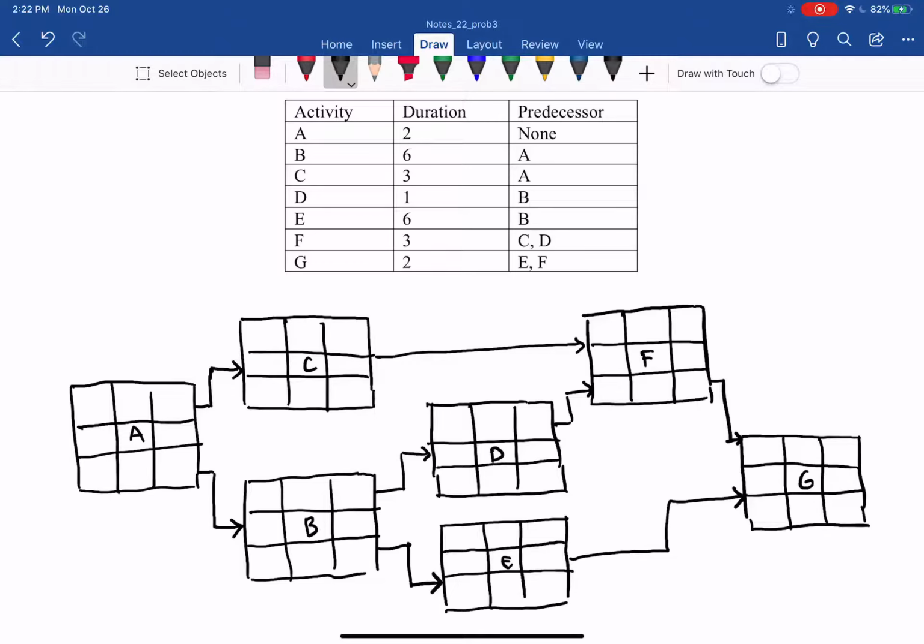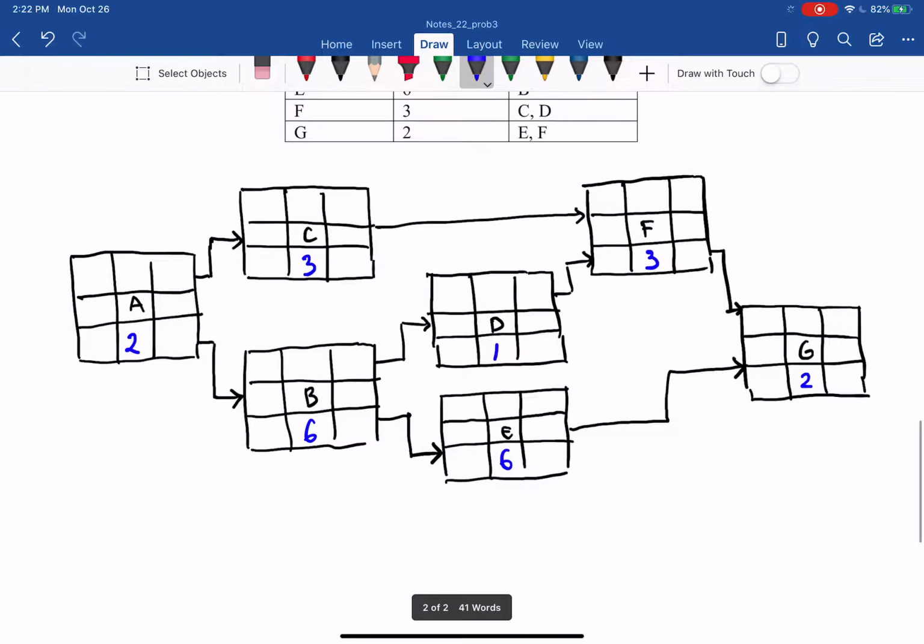And then we can plug in the duration for each activity. Duration for A is 2, B is 6 days, C is 3, D 1 day, E 6 days, F 3 days, and G 2 days.